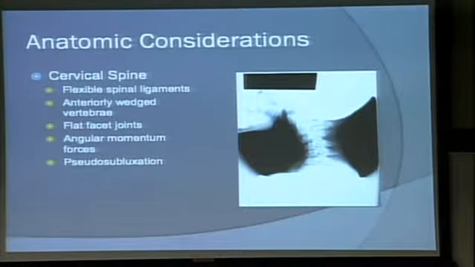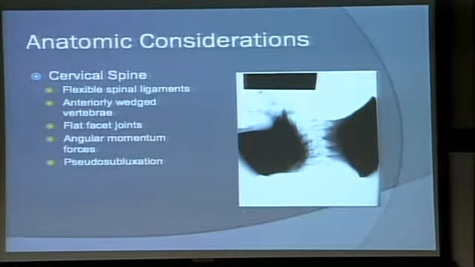Cervical spine, very flexible. The ligaments are extremely flexible. There's a little anterior wedging of all the vertebrae compared to adults. They come up as you get older. Flat facet joints, which makes them a lot more mobile and a lot more likely to sublux, to slide off each other.